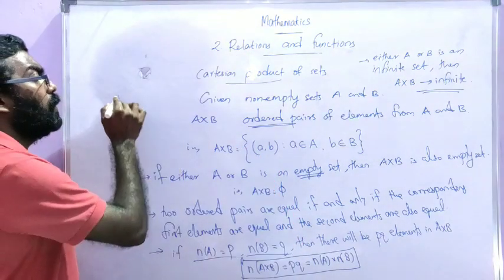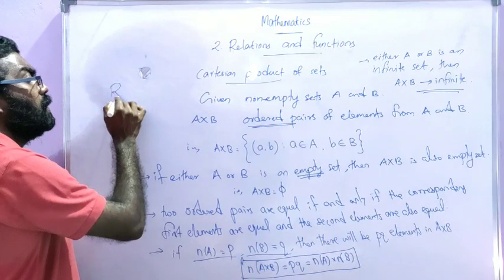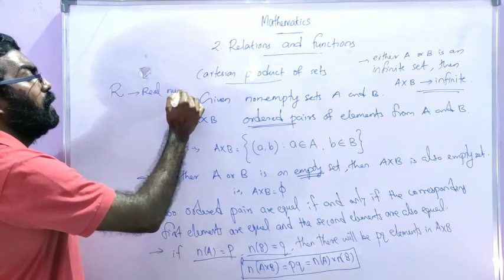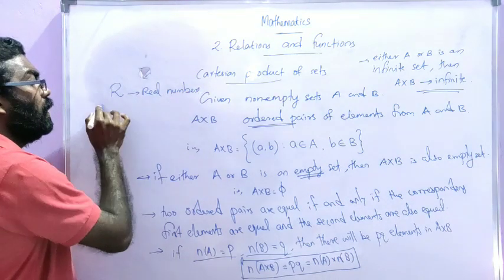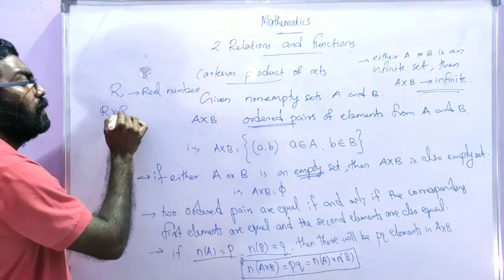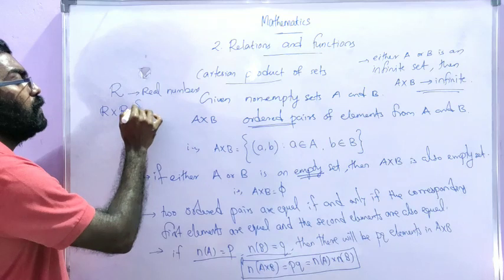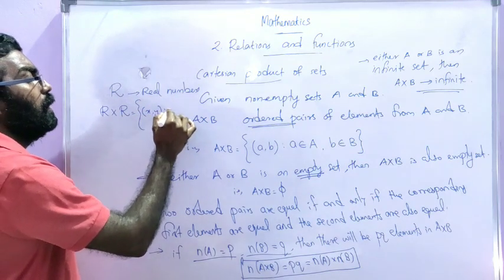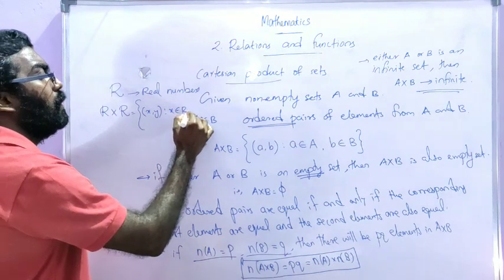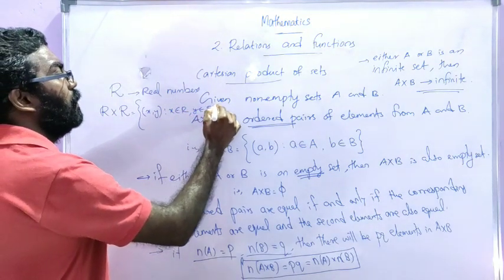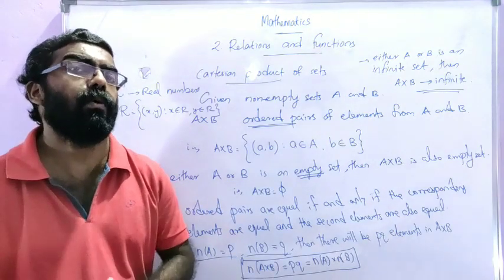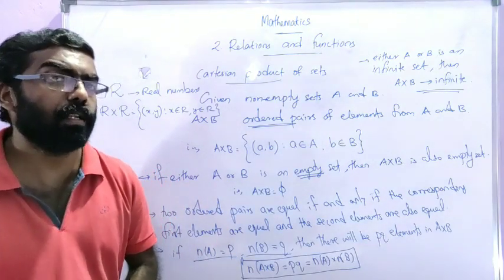Okay. Now another important point is, if R is the set of all real numbers, then R cross R is equal to the set of all ordered pairs x comma y such that x belongs to R and y belongs to R, which represents the coordinates of all points in the two-dimensional space.